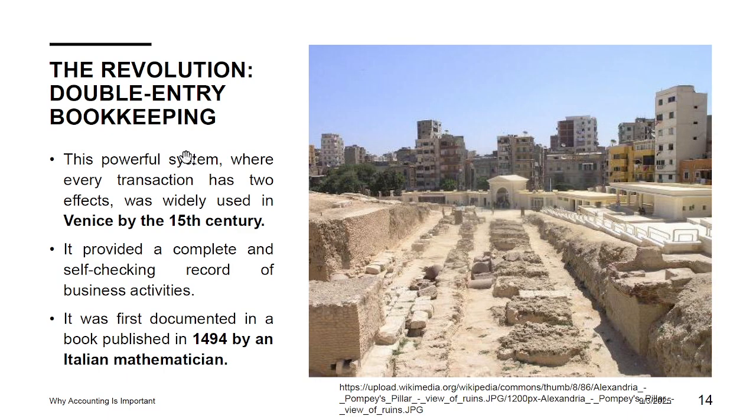This system was widely used in Venice, Italy by the 15th century. This system provided a complete and reliable record of business activity. So what they spend, what they earn, etc. It was first documented in a book published in 1494 by an Italian mathematician.